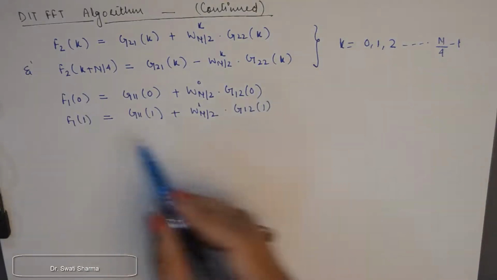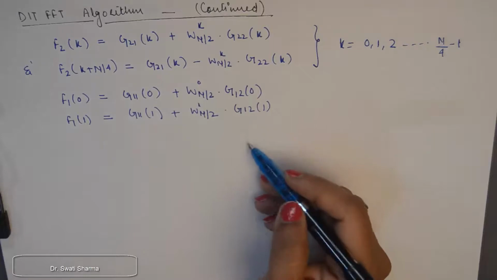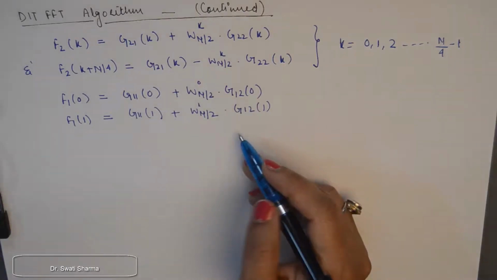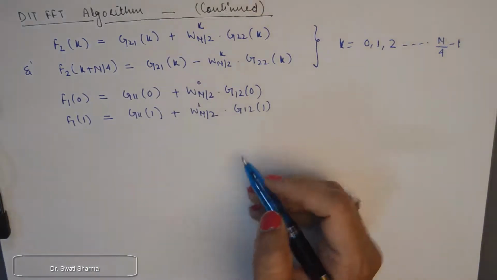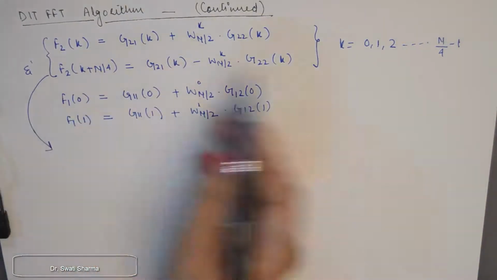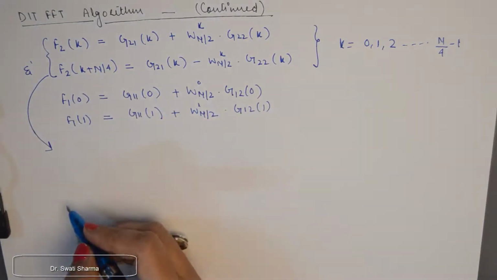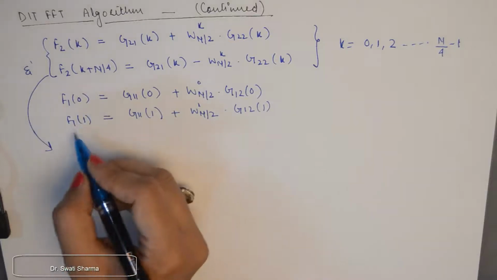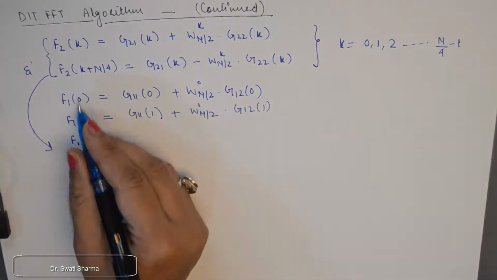I need the specific sample values in order to develop the diagrammatic representation for the sequence. And similarly for the other two equations, when I substitute k equal to 0 and 1, I'll get different values. But before that, I'll find all the 4 sample values of f1.